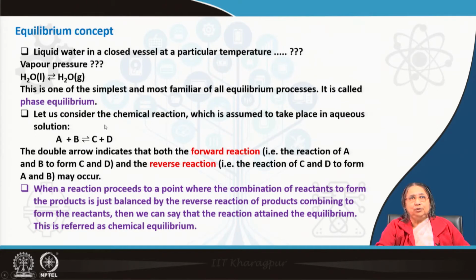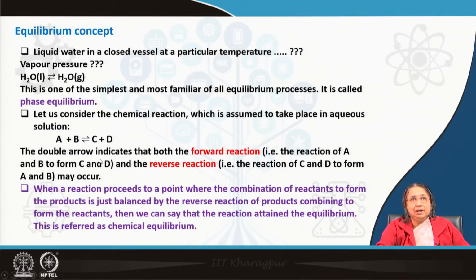For chemical equilibrium, we have to consider a chemical reaction. For example, the simplest reaction has been considered here: A plus B, the molar ratio is 1:1, is converted to C and D. Here also the molar ratio is 1:1. And here you can see the double arrow is there.